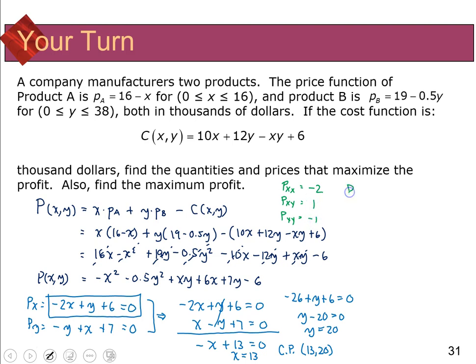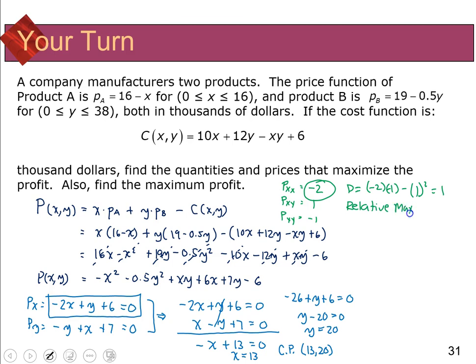So the D test is going to be negative 2 times negative 1 minus 1 squared, which does equal 1, so it's greater than 0, so it is a relative minimum or maximum, and since P of XX is less than 0, I do have a relative max.